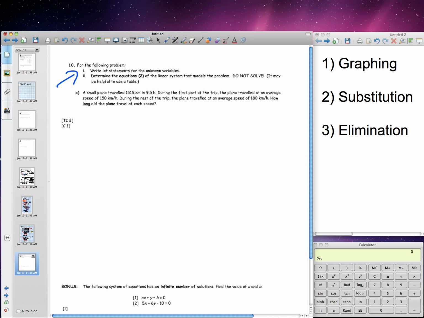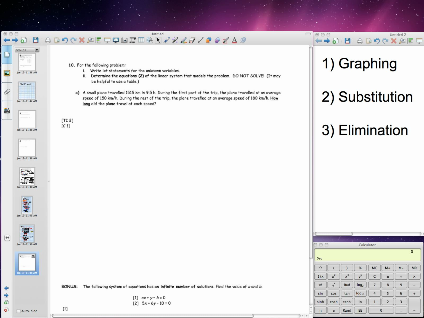Okay, question number 9. I wanted you guys to read the instructions at the beginning. It says, for the following problem, write let statements for the unknown variables, and determine the equations of the linear system that models this problem. Do not solve. It may be helpful to use a table, but you do not need to. The question says, a small plane traveled 1,515 kilometers in 9.5 hours.